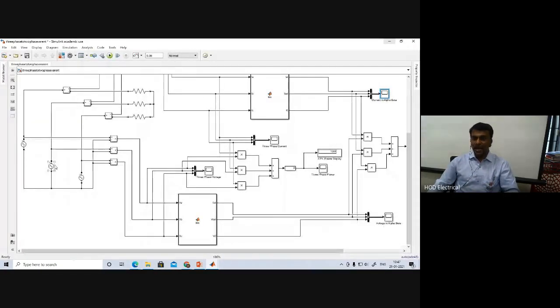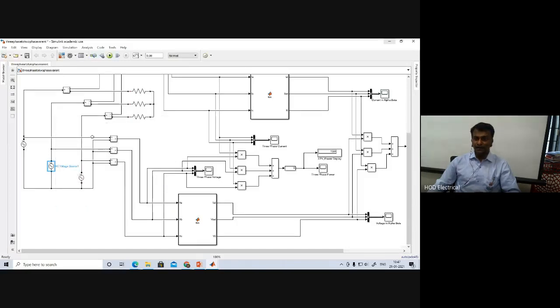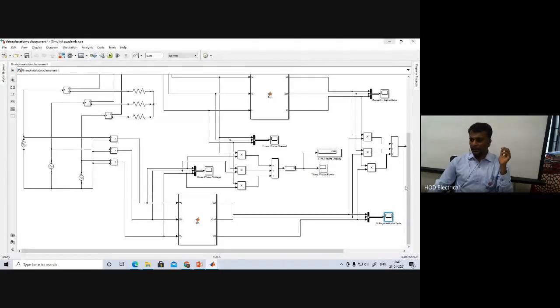The reason is I have chosen a different RYB sequence, instead of minus 120, plus 120. If the phase sequence is changed, automatically beta will lag. For RYB sequence, beta will lead. For RBY sequence, beta will lag at an angle of 90 degrees.